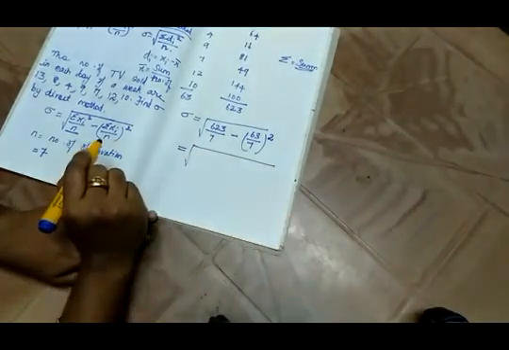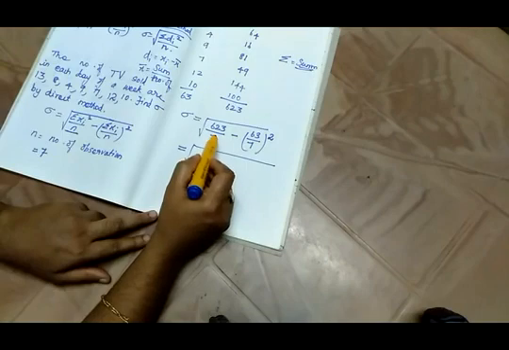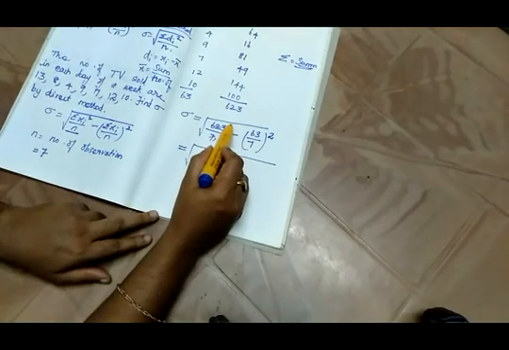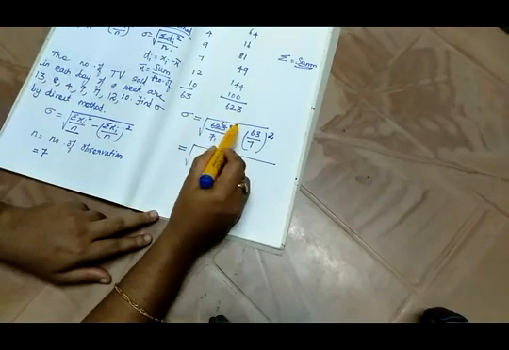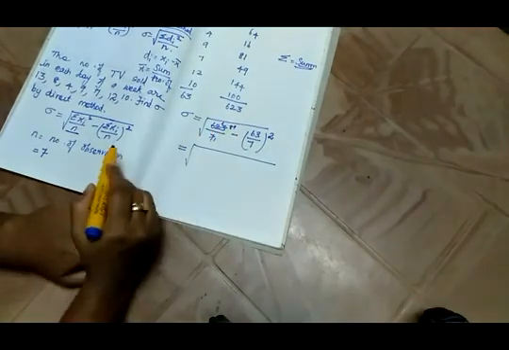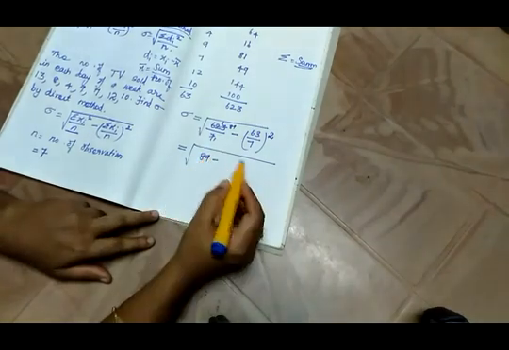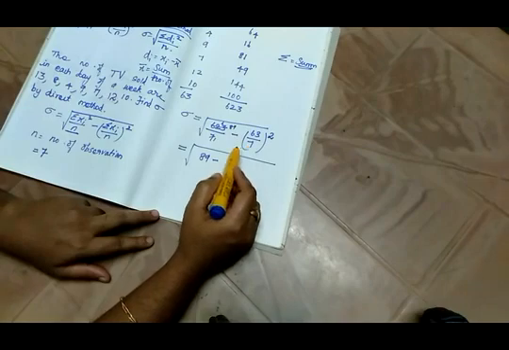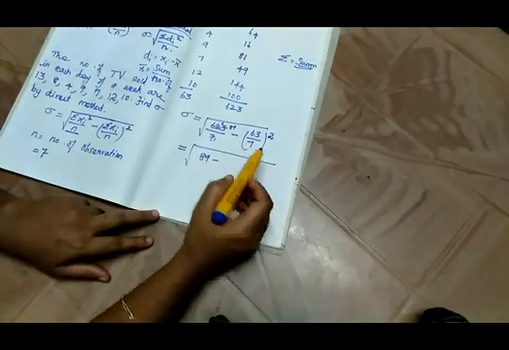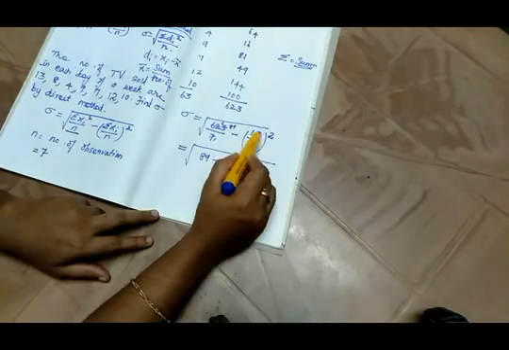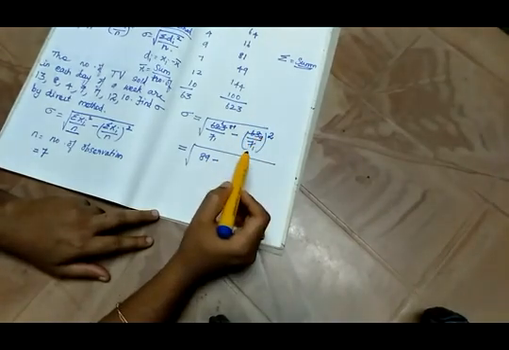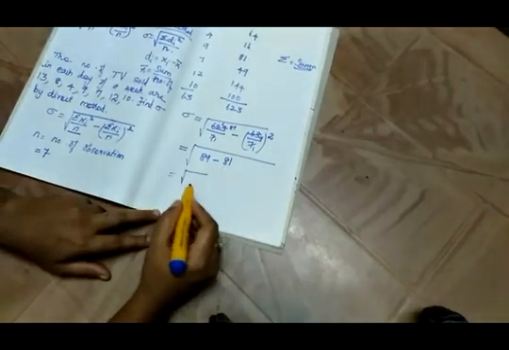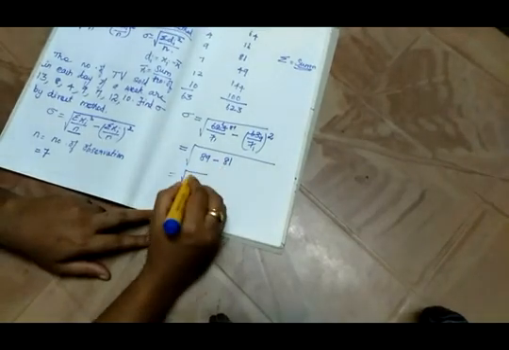Check whether you can cancel it. 1 7 is 7. 8 7s are 56, 6 balance. 9 7s are 63. So 89 minus. First check whether you can cancel inside the bracket. If you can, cancel it and then square. Here it is possible: 63 by 7 is 9. So you get 9 square. Sigma is equal to the square root of 89 minus 81.